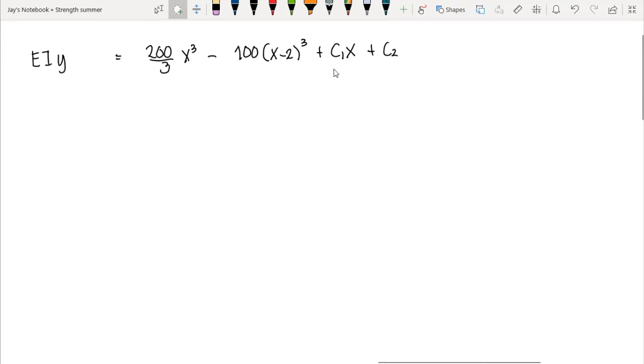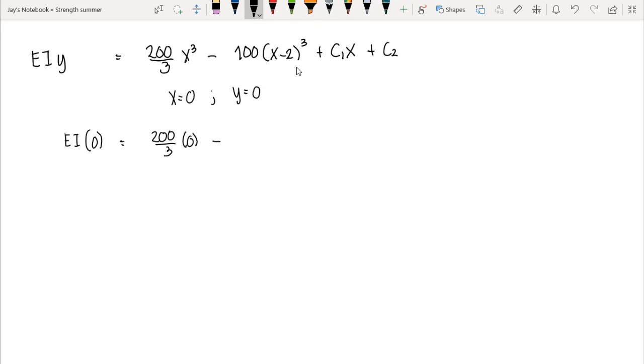Now, we know that our first condition is when x is equal to 0, y is equal to 0, or our deflection at the support A is 0. So we substitute everything into this equation. Then we have EI times 0 is equal to 200 over 3 times 0 minus 100 times 0 minus 2 cubed plus C1 times 0 plus C2.